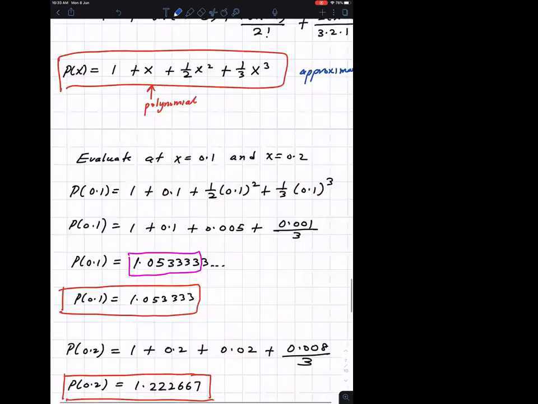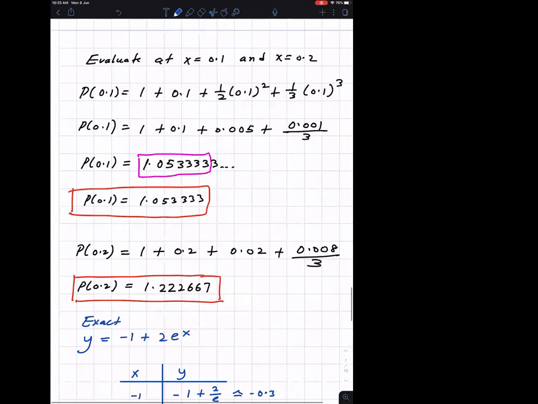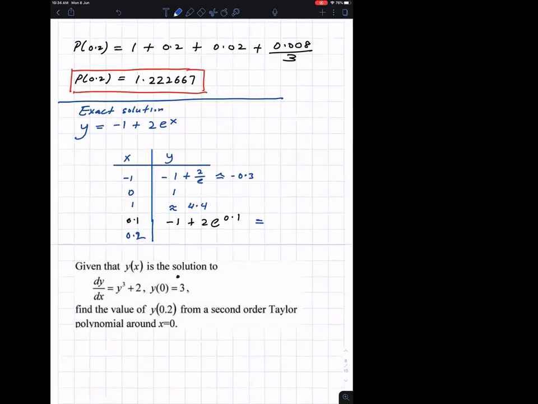Exact solution. Okay, can you guys calculate this at 0.1 and 0.2, see what you get? Minus 1 plus 2 to the power of e, 0.2 is how much?